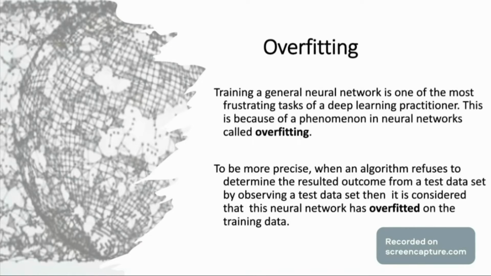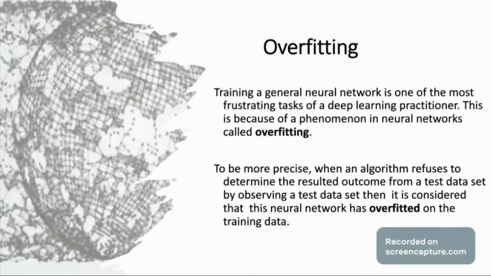When a system cannot understand the test dataset after testing and validating data, then we can say that our data has been overfitted. The main goal of generalization is to reduce this overfitting.